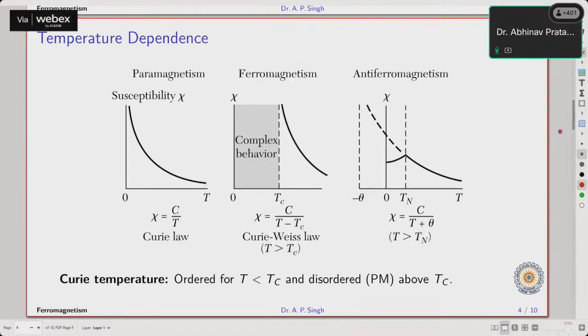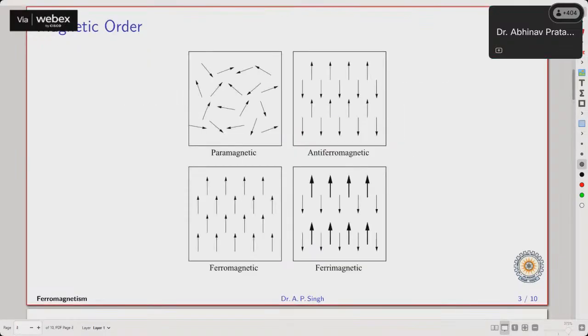In these diagrams, this middle one is the ferromagnetic material. You can see that for this ferromagnetic material, the value of chi changes if you go beyond a certain point, which we call Tc. T stands for temperature and C stands for critical temperature. If you go beyond the critical temperature, the behavior is like a paramagnet. That means beyond Tc, the ferromagnetic material becomes as if it is a paramagnetic material, for T greater than Tc.